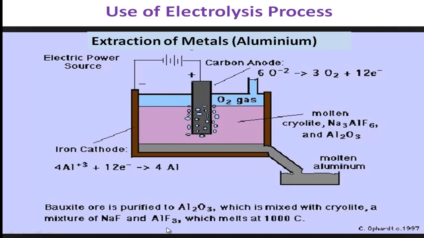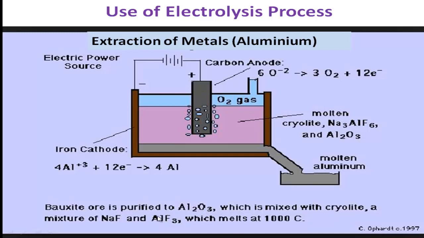This cryolite is used with the bauxite to decrease the melting point, because the melting point of alumina is very high and the extraction cost would be more. So cryolite is used to lower the melting point by about 100 degrees centigrade.